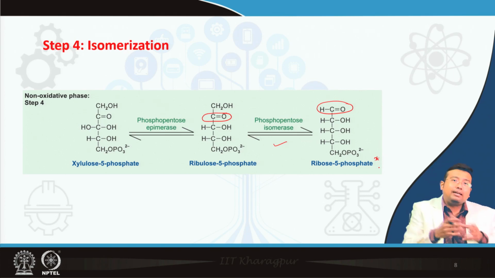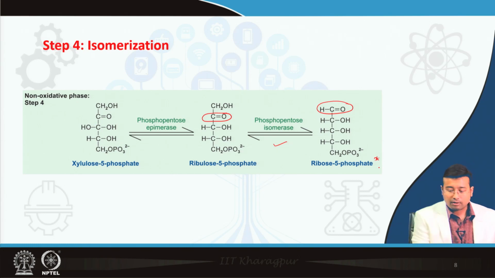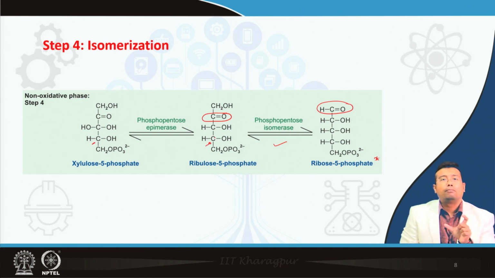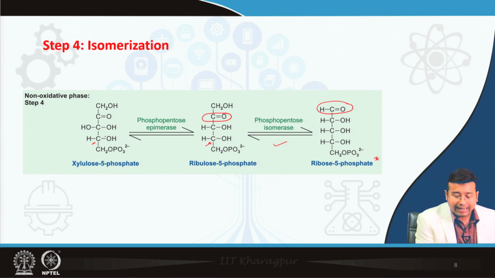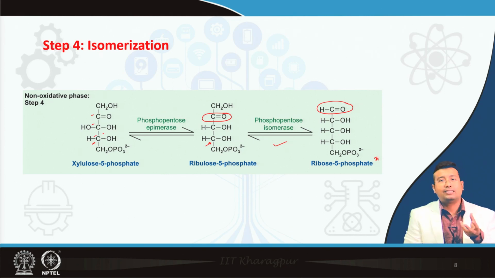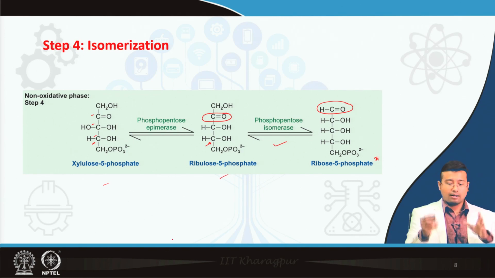Or it can be altered in some other way where the terminal groups are not altered, but the intermittent groups are altered. You can see in this carbon the HOH has been altered. Mind it, any change where the HOH in the interim carbon is getting altered is known as epimerization, and these two isomers are known as epimers.